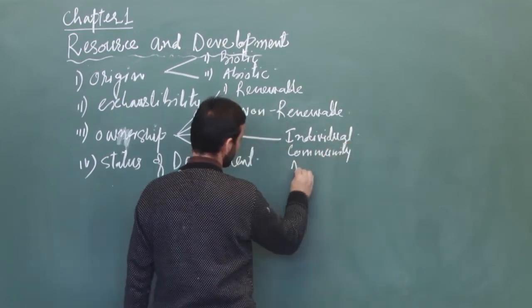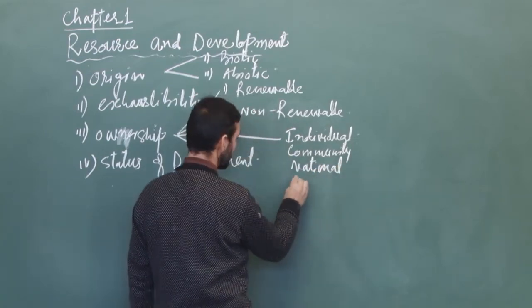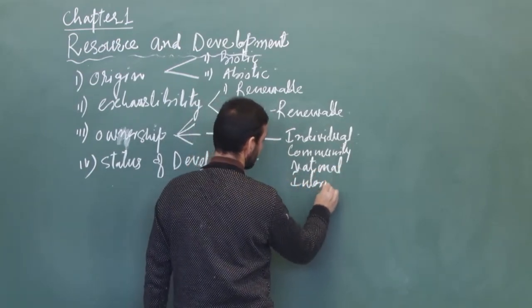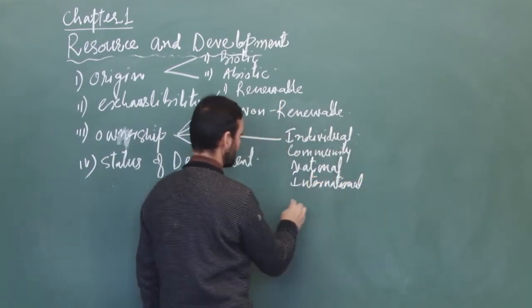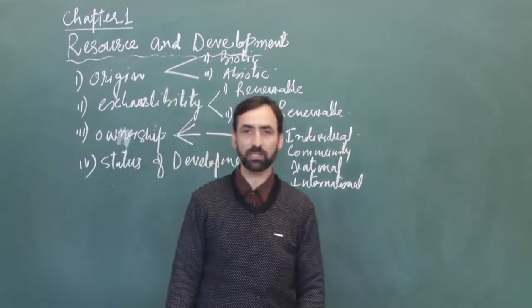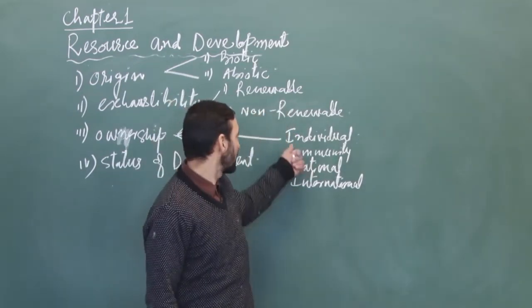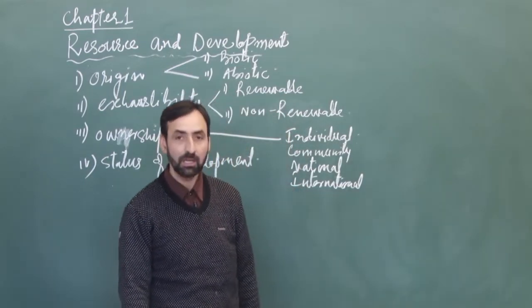Number 3, national resources. And number 4, international resources. On the basis of ownership, resources are classified into 4 types: individual, community, national, and international resources.